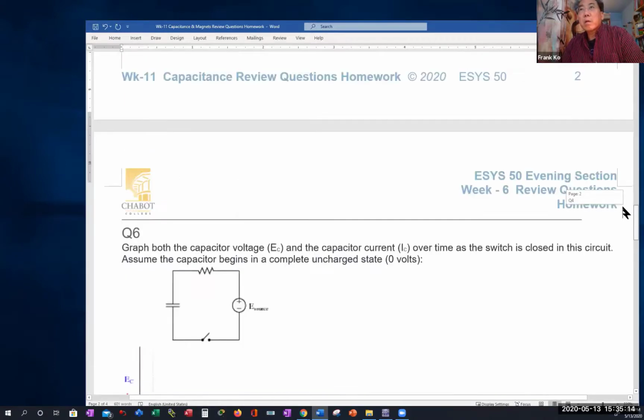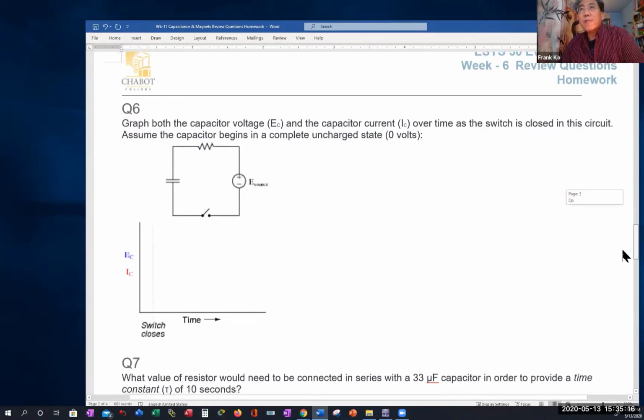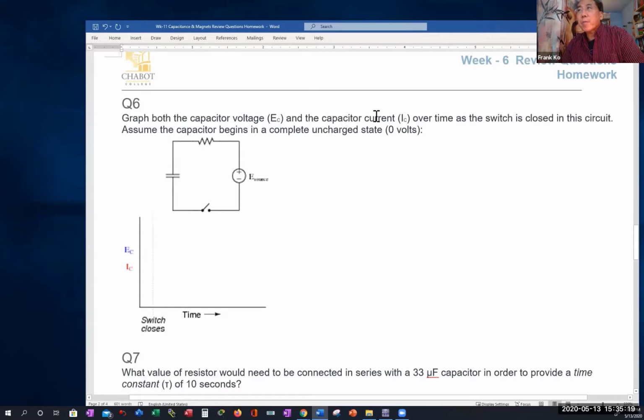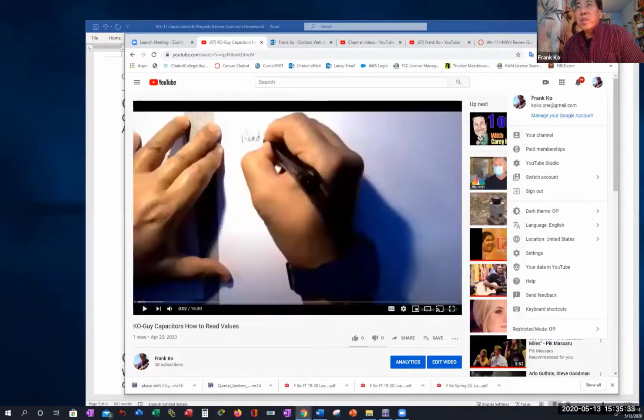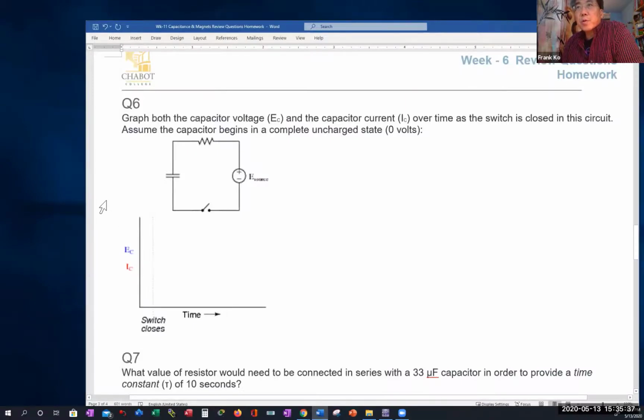All right. Next is a graph of capacitor voltage and capacitor current over time when the switch is closed. We've done this when we looked at time constants, remember? So when we go to our YouTube videos, this is a capacitor with a DC voltage source and resistor.